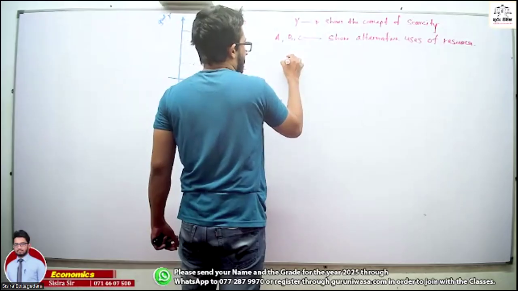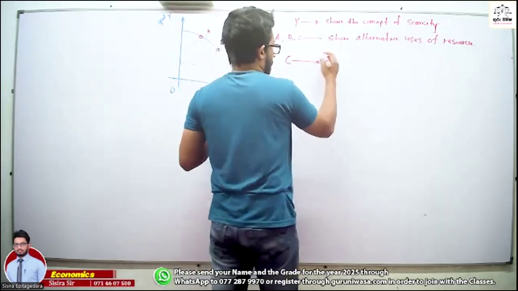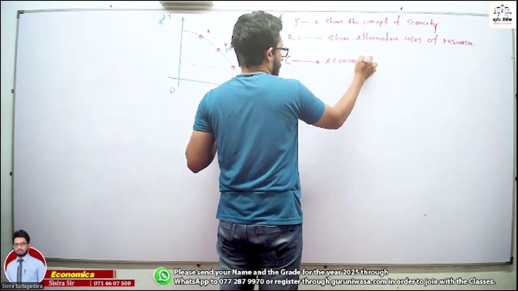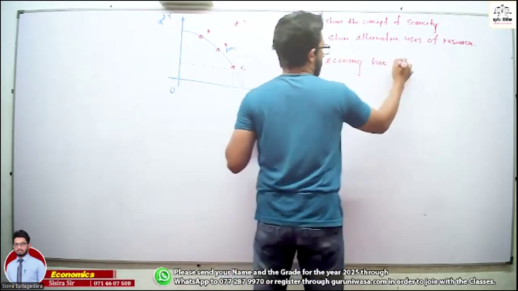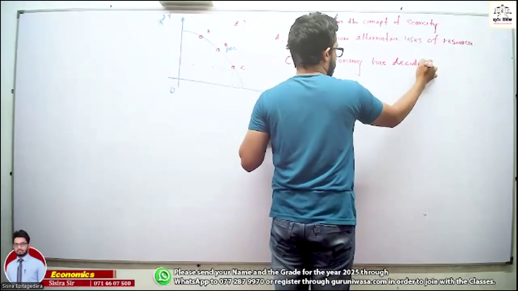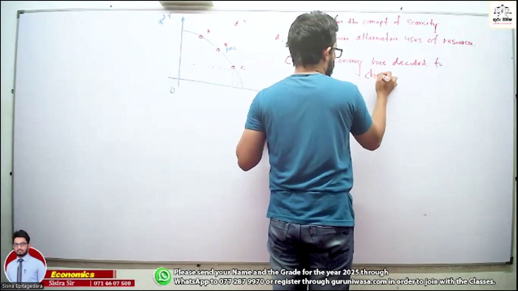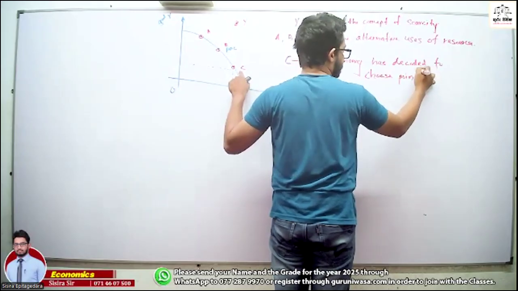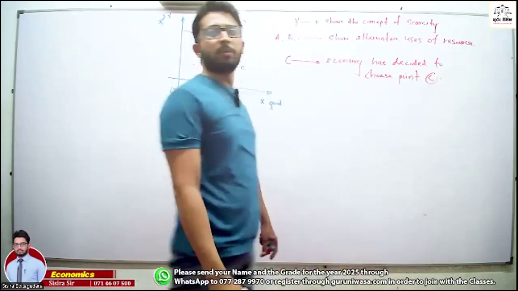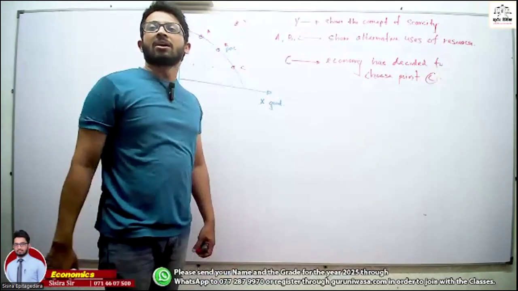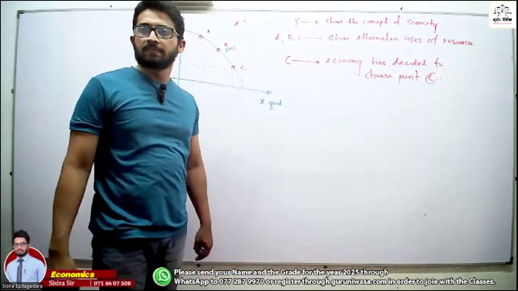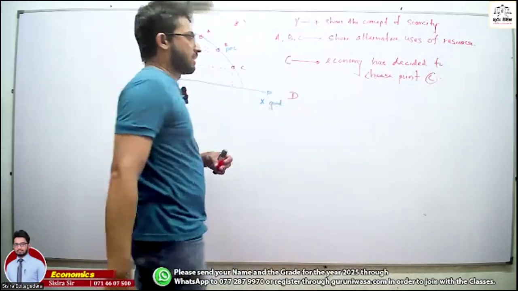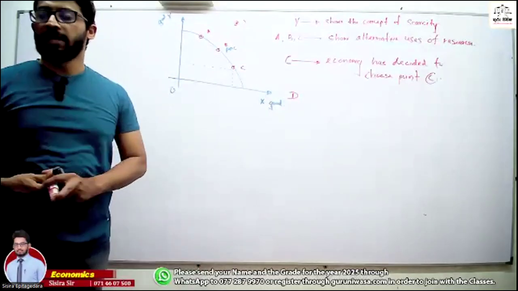Assume point C. The economy has decided to choose point C. Now the economy has already chosen or selected one of the points on the curve. It's a choice. Is that clear? If there's a choice, opportunity cost takes place.